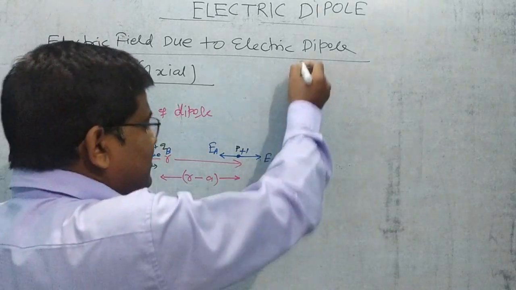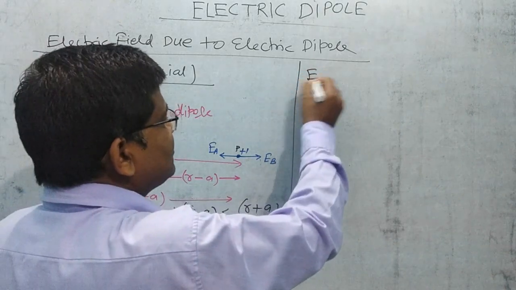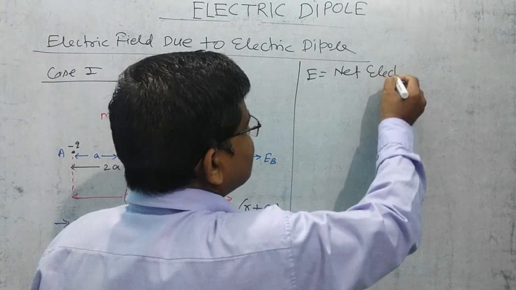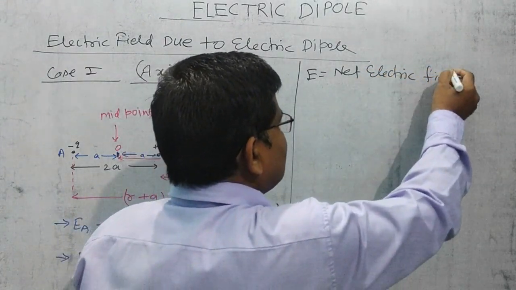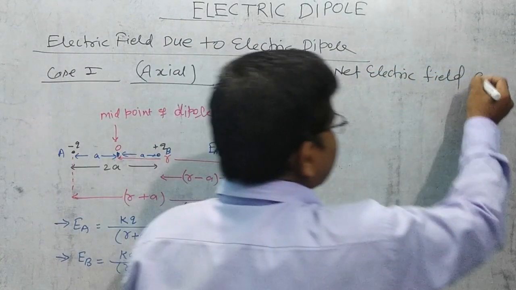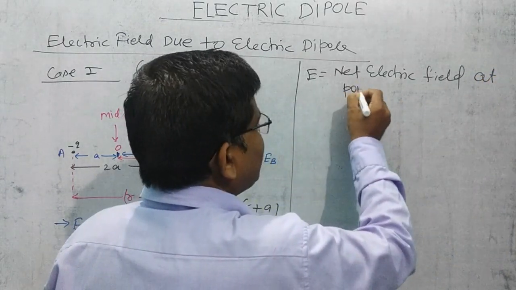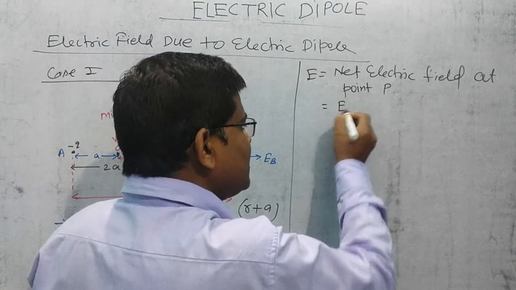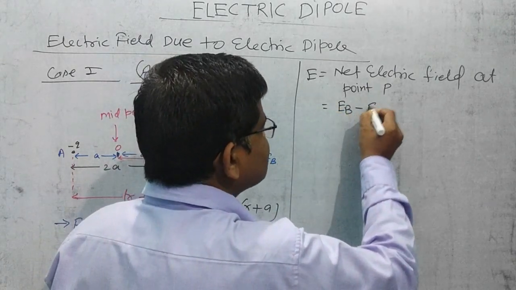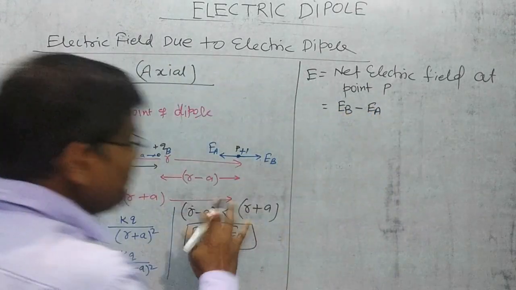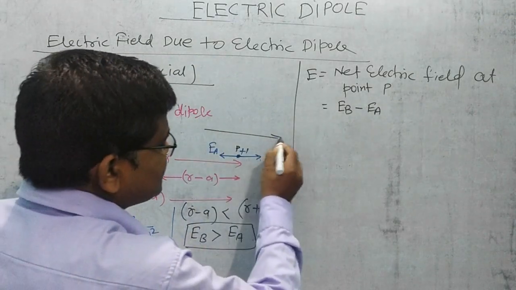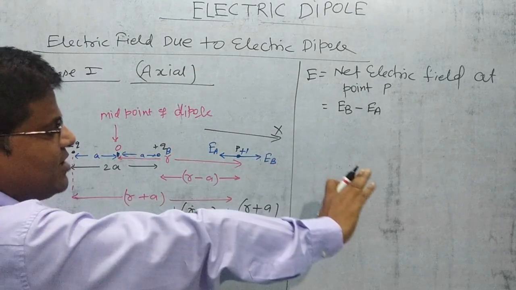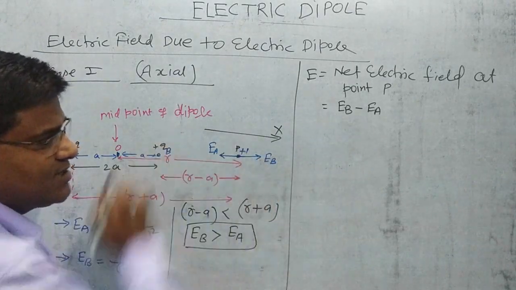Then the net electric field at point P is EB minus EA. Suppose this is the x-axis, then the electric field is from O to X, because EB is greater.